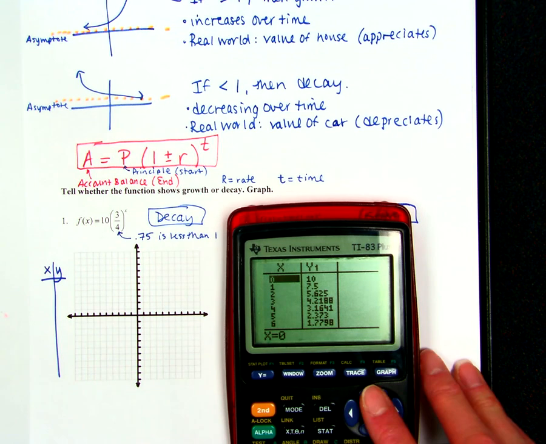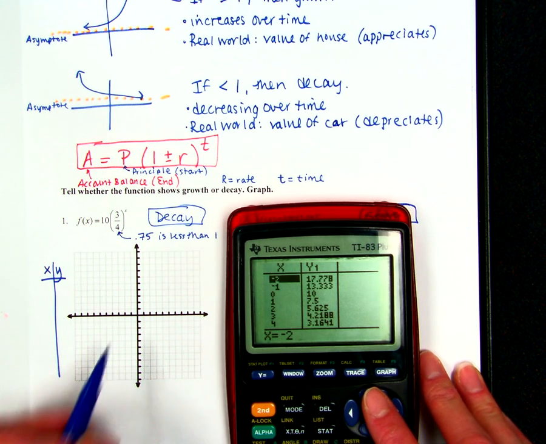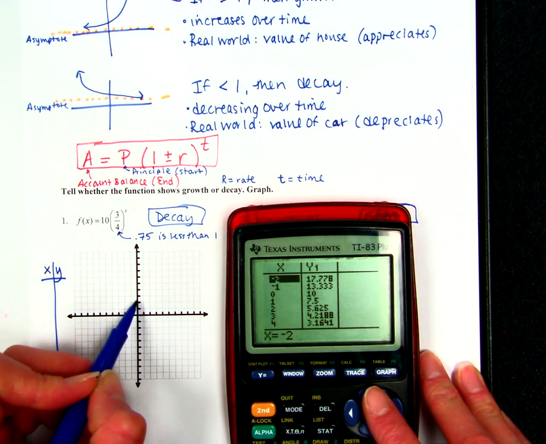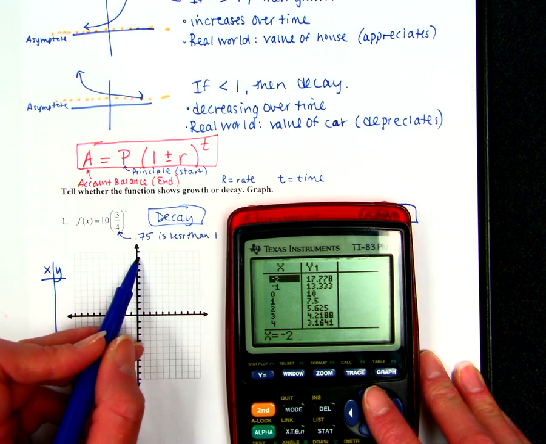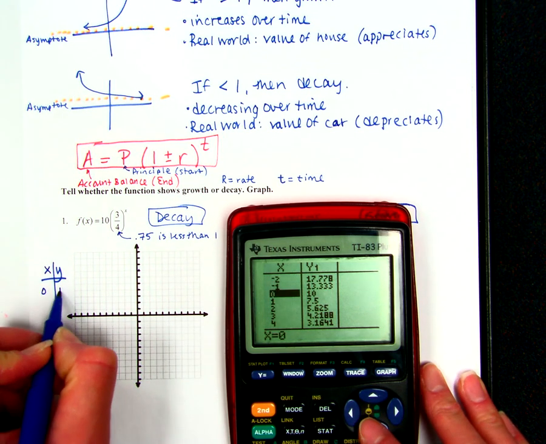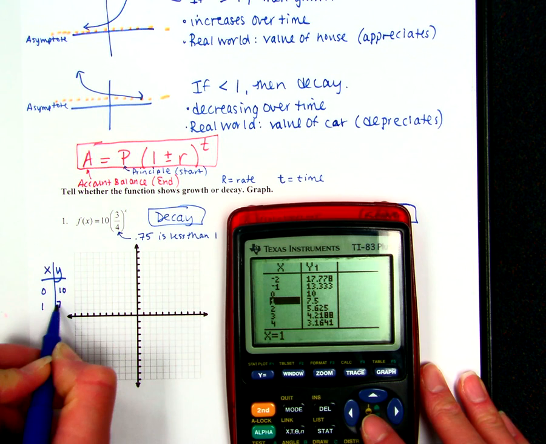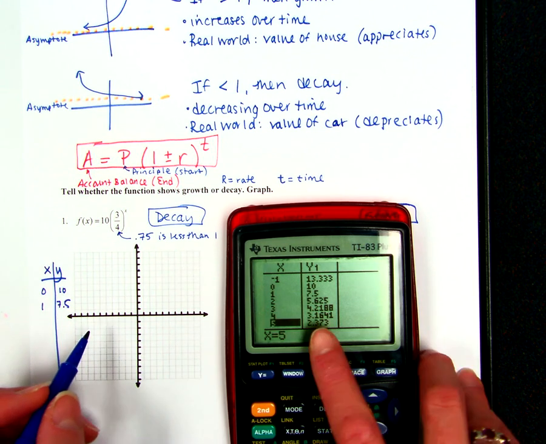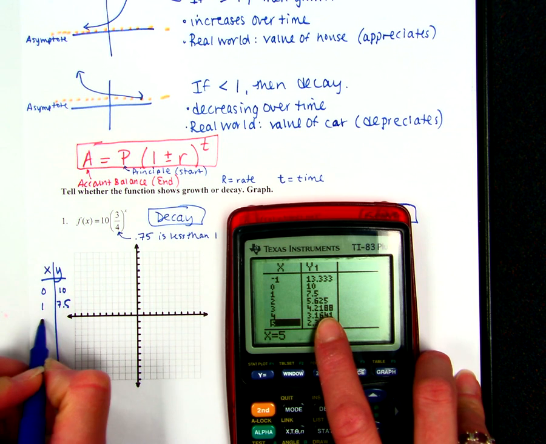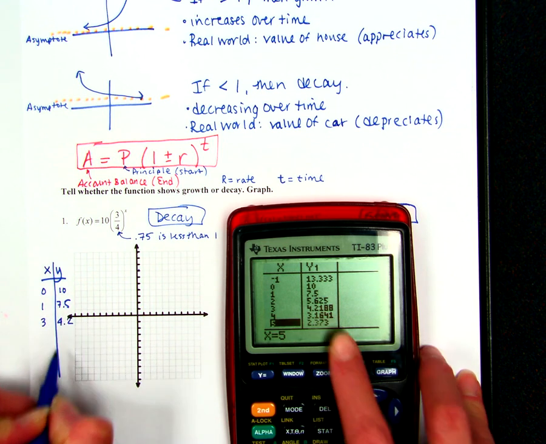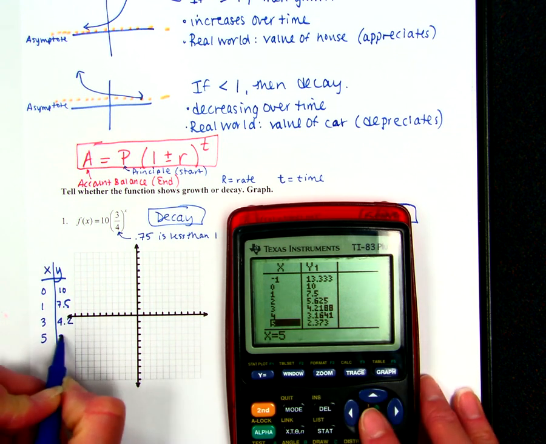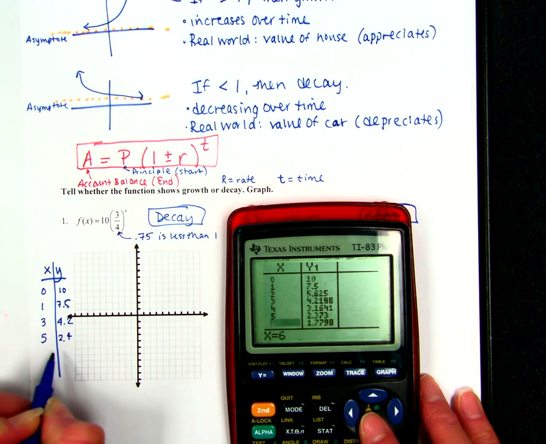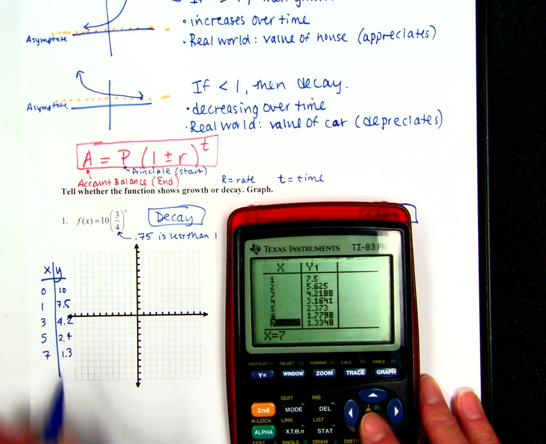Some of these numbers get very large, so I'm going to pick 0, 10; 1, 7.5. You're not going to get a lot of integers, just that one. So I'm going to skip down to 3, 4.2; 5, 2.4; and 7, 1.3.